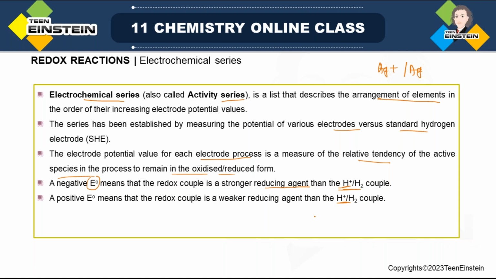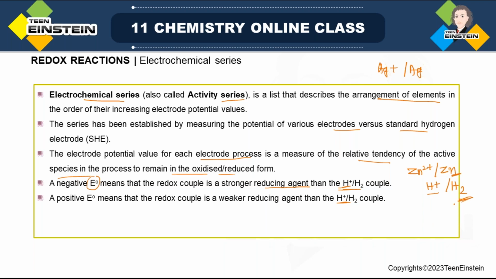Now what does it mean? Suppose a negative E0 value is observed for Zn2+/Zn. In the medium, if we have both these species together, what will happen? Zn will have a tendency to feed electrons to H+. It will donate electrons to H+ and reduce it to hydrogen.